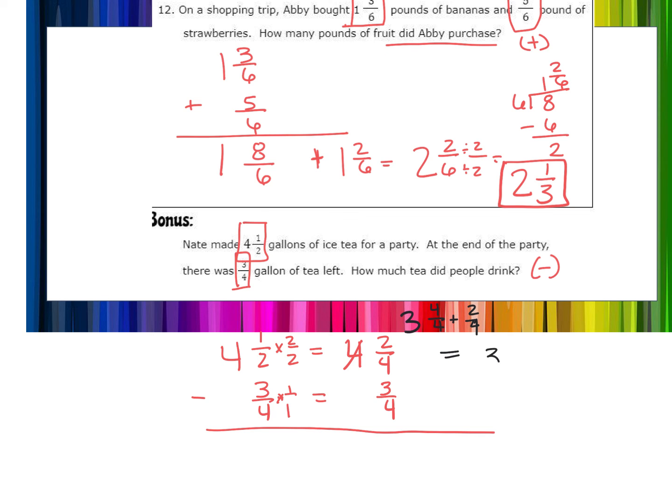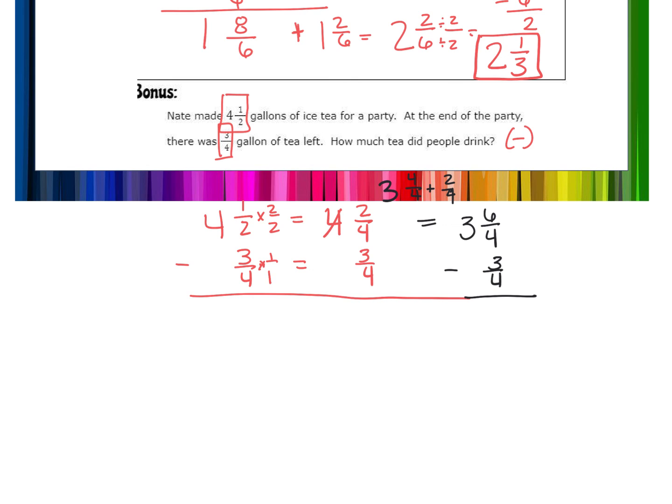That's going to equal 3 6/4. Now I can subtract. So then I'm going to have 3 minus 0 is 3, 6 minus 3 is 3 over 4. So my answer is 3 3/4 gallons.